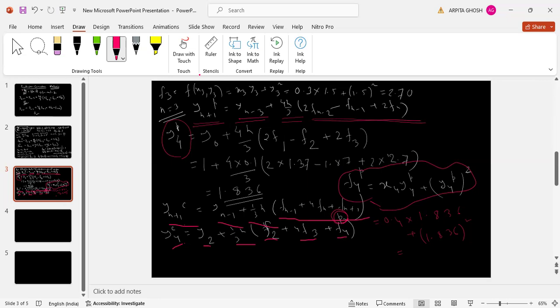We need to find y4. 0, 1, 2, 3 চারটে ভ্যালু দিয়ে দিয়েছে, 5 নম্বর ভ্যালু আমার কাছে চেয়েছে। So we need to find y4 because we are starting from x0 y0. x0 y0 জানি, x1 y1 জানি, x2 y2 জানি, x3 y3 জানি। We have to find y4. x4 is given to you, we have to find y4.